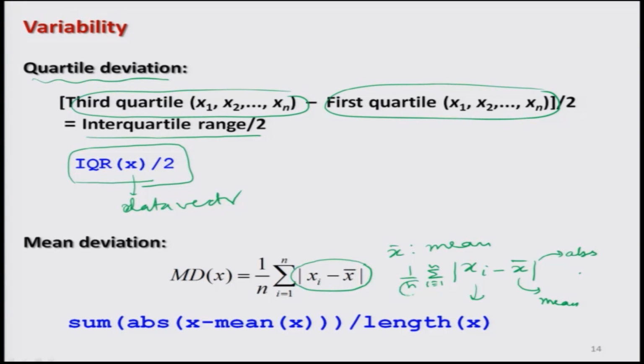We know n is the length of x, and we know how to find the sum. So I simply write the sum of the absolute value of x minus mean of x. Just be careful about the number of arguments, the left hand side and right hand side arguments should match, and divide by the length of x. This is how I can directly compute the mean deviation using the built-in functions.